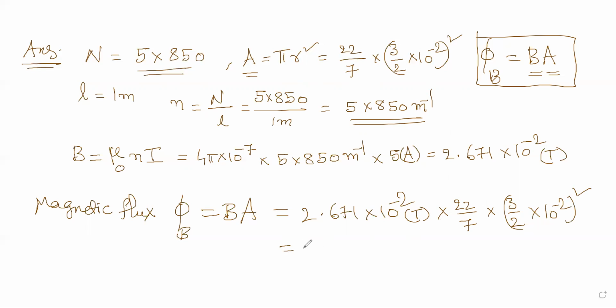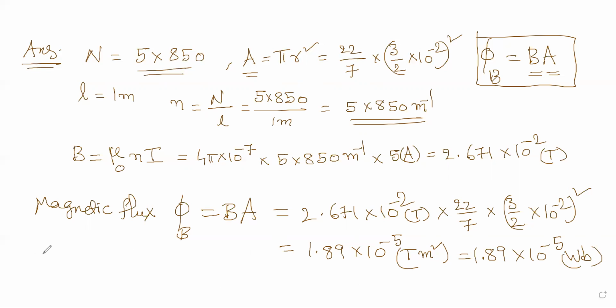This value works out to be about 1.89 into 10 to the power of minus 5 Tesla into meter square. The Tesla into meter square is known as Weber. So that is 1.89 into 10 to the power of minus 5 Weber.